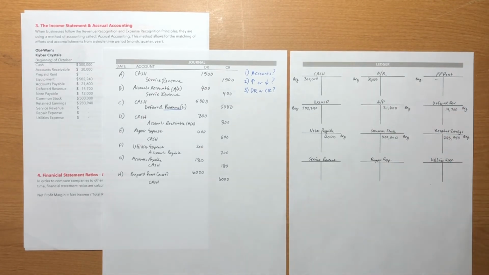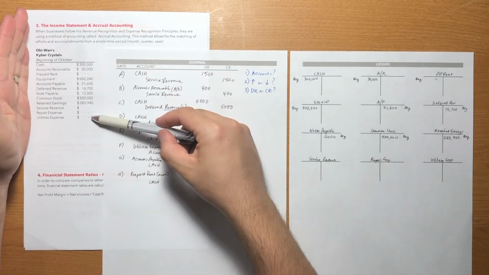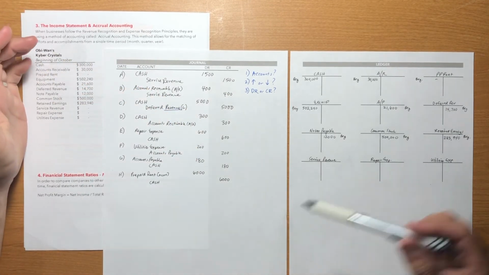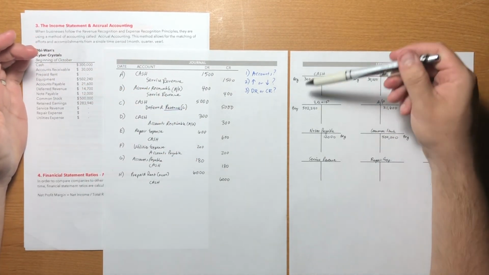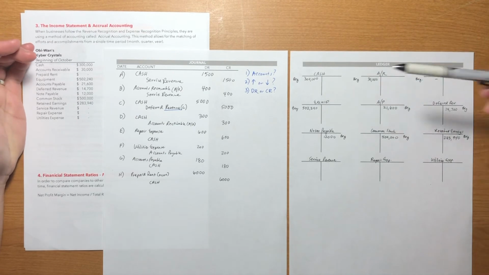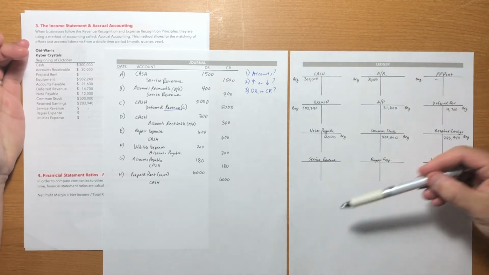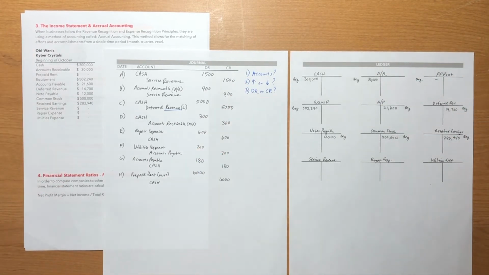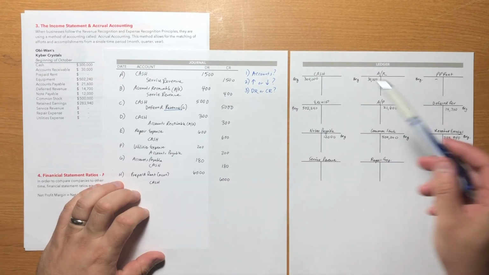Taking the balances in our accounts from the beginning of October and posting them in the T accounts in their correct column, whether it's debit or credit, based on the kind of account that it is, this is where we start. Now, we go to the posting process, and we simply take each journal entry and move it over into the ledger.